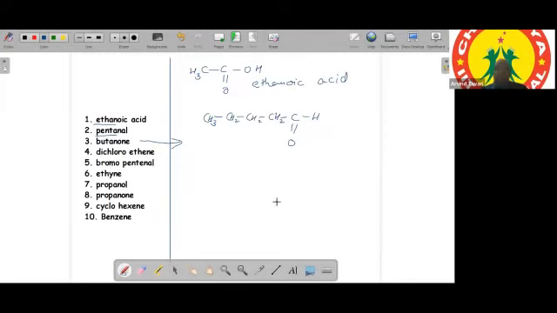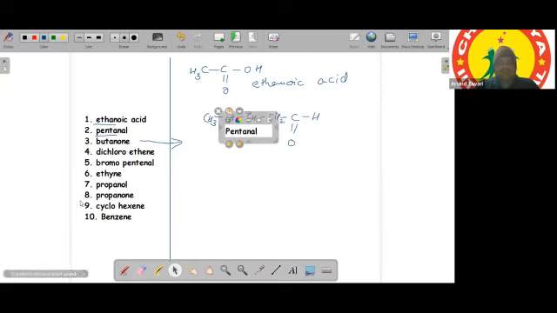See, this one was your pentanal. Then you have to make butanone. So butanone will be made something like this. Butane means there are four carbon atoms. You make four carbon atoms.